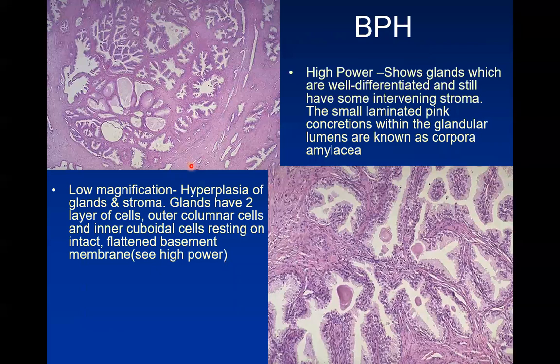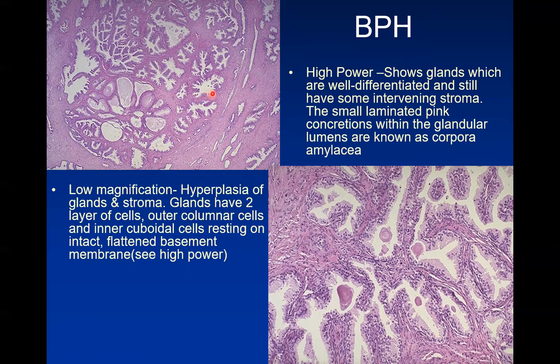All right, so now when you take a section of this and send it, and if it's only nodular prostatic hyperplasia, you're going to see large glands set in the form of nodules, as you can see here. These are the nodules that we were looking at when we were looking at the growth of nodular prostatic hyperplasia. You will see that these are large glands.